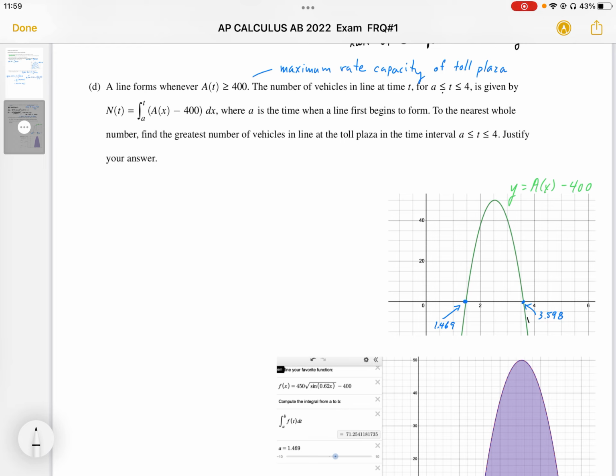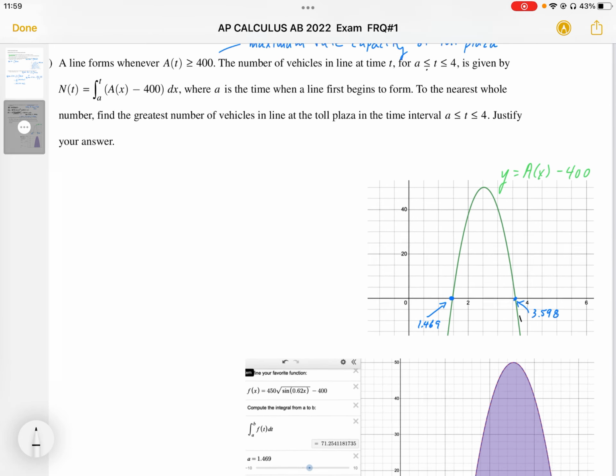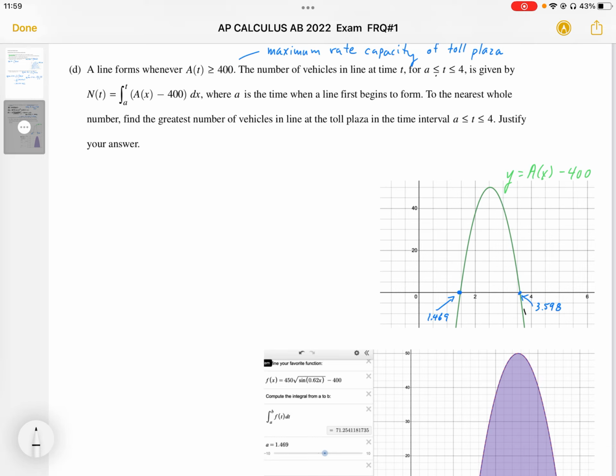It says, to the nearest whole number, find the greatest number of vehicles in line at the toll plaza in the time interval a to 4, and justify your answer. The justification is, we know that when A of x minus 400 is greater than 0, we have cars lining up. Then we have cars backing up.